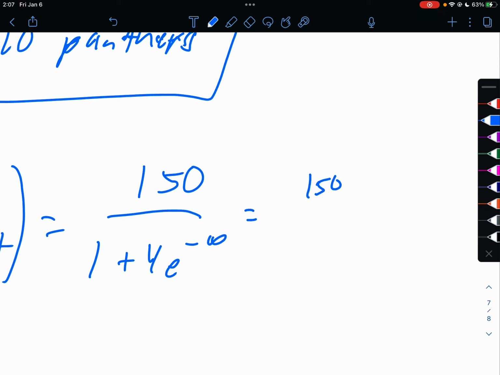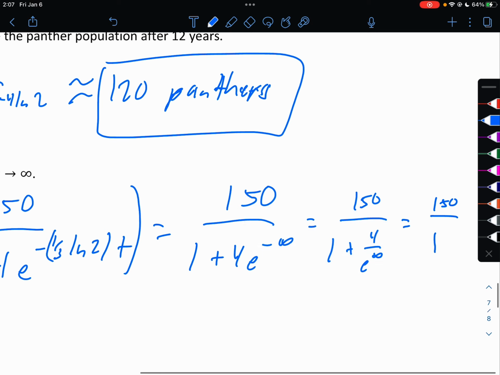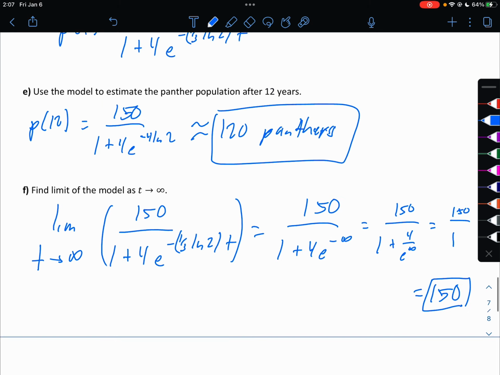So it's 150 over 1 plus 4 over e to the infinity. This is going to be infinity. So 4 over infinity would be 0. So it's 150 over 1, which is 150. Which makes sense because that is the carrying capacity.